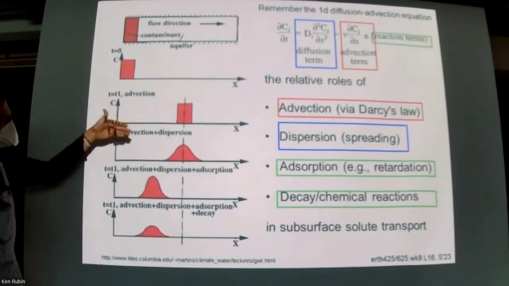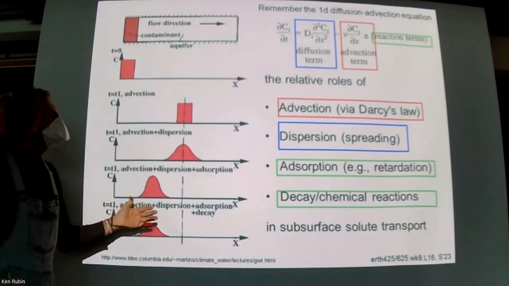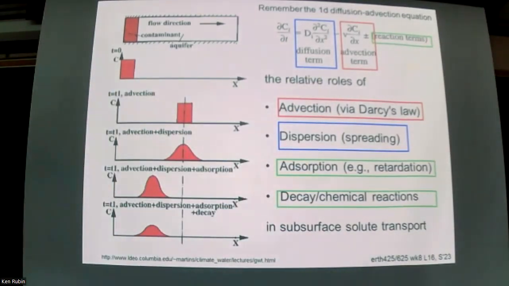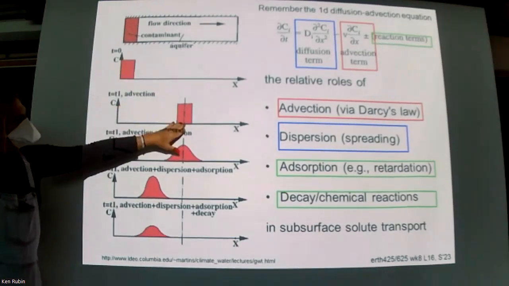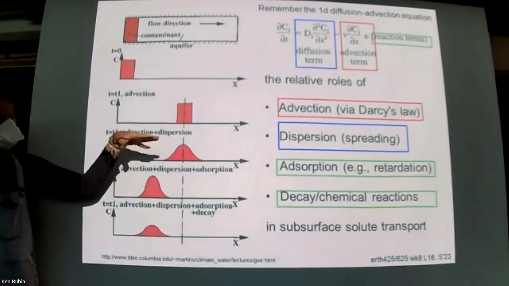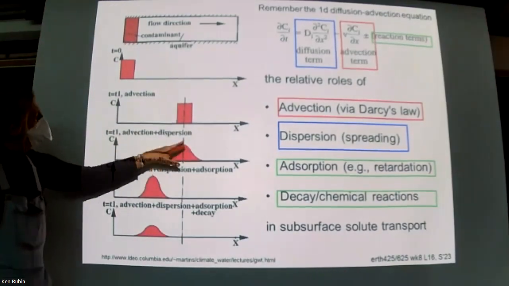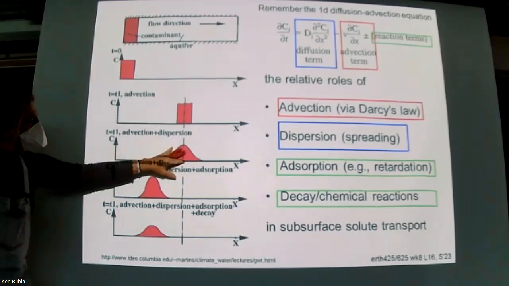And these are 4 different scenarios for different things that are happening in terms of this equation. So if somehow water could flow through that aquifer and not have that dispersion problem and go around grains, then pure advection would just transport this box to some distance downstream and it wouldn't have spread out at all, right? That's just pure advection. This case here is advection with dispersion. That's what gives us this kind of tailing spread out shape.